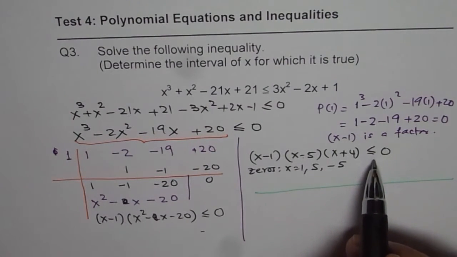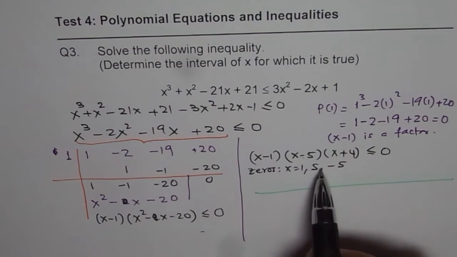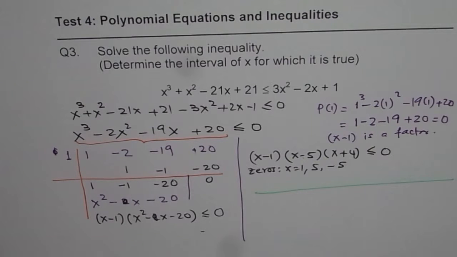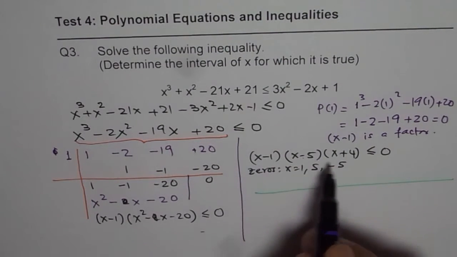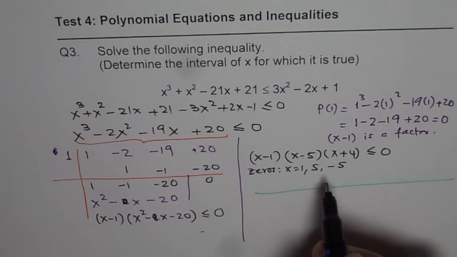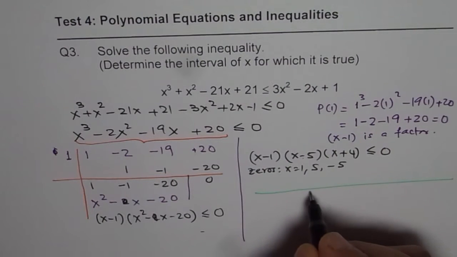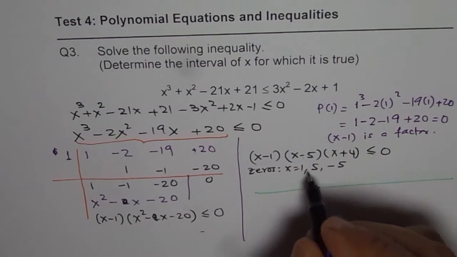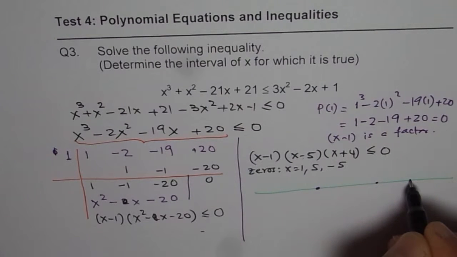We are looking for values less than or equal to 0, so zeros are part of the solution. Let's plot this cubic function, with the zeros in order from the left.